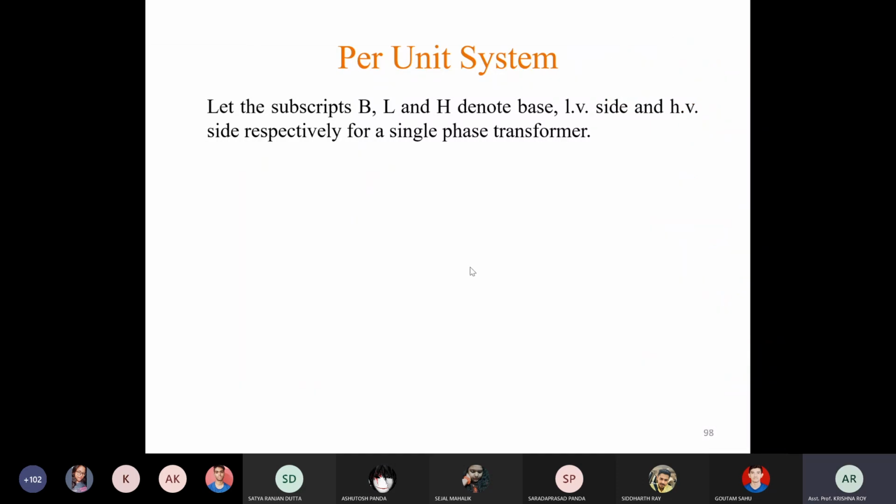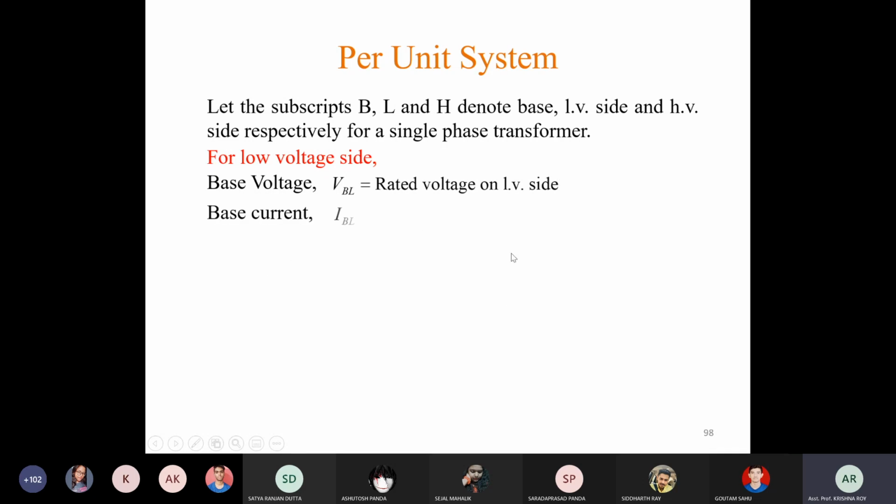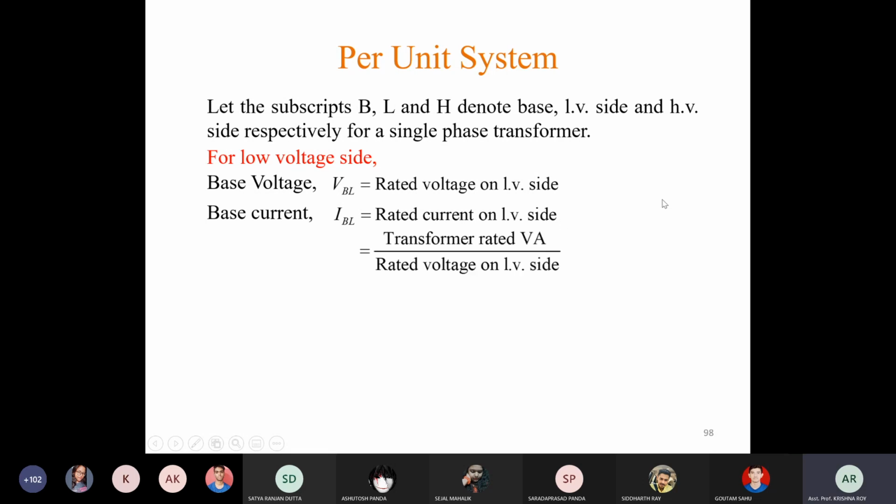Okay, let us see from the low voltage side. For the low voltage side, again we can define the base voltage VBL as the rated voltage on the low voltage side, and base current IBL, that is the rated current on the LV side, which can be calculated using this formula: transformer rated VA by rated voltage on the low voltage side. See, this rated VA is common to both sides.